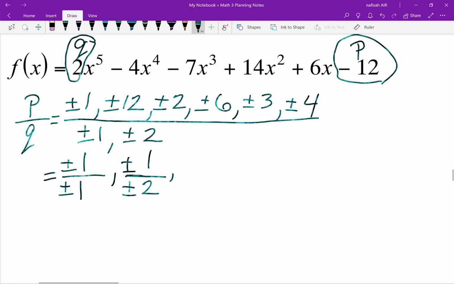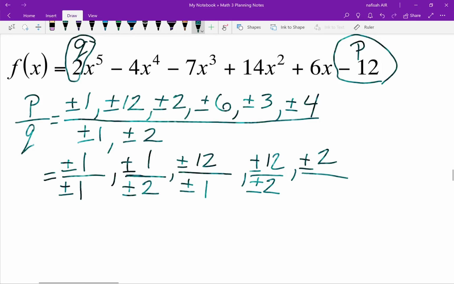Now that I've taken 1 and divided it by 1 and 2, which were in the denominator, I'm going to move on to my next numerator, which is 12, and I'm going to divide that by everything in the denominator. So I've taken plus or minus 12 and divided it by plus or minus 1 and plus or minus 2, because those are the numbers in my denominator. I'm going to go on to the next numerator, which is 2, divided by everything in the denominator.